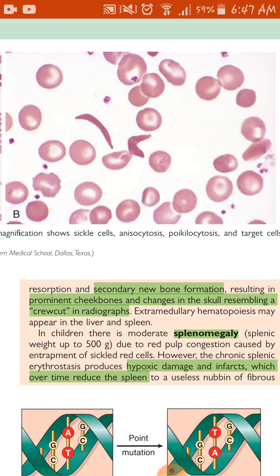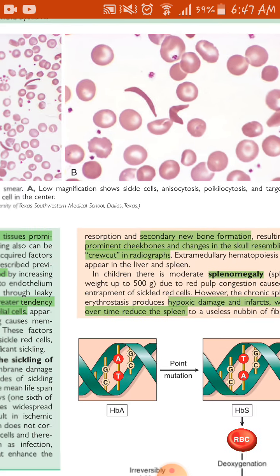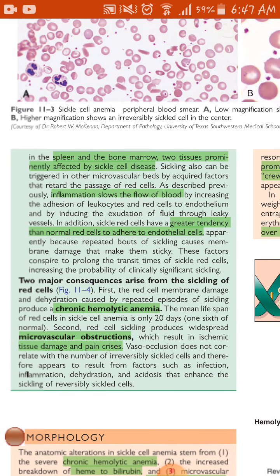Target cells are red blood cells which have a dark ring surrounding a dark central spot, where there is central concentration of hemoglobin. This is known as a target cell, and these target cells are present in sickle cell anemia or sickle cell disease.